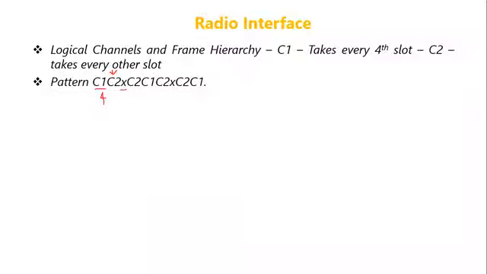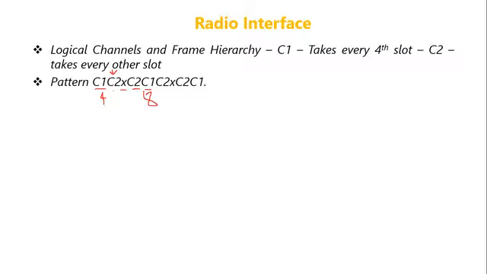We don't know what that is. And after X there will surely be C2, because it will not be C1, since C1 is every fourth slot. The next slot will be C1, because from here, 4 plus 4 is 8: this is 5, this is 6, this is 7, 8.